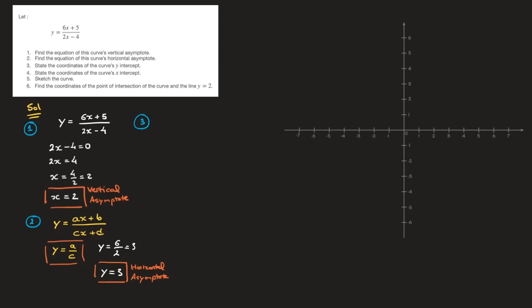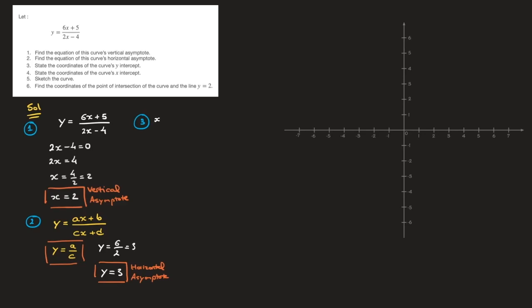That being done, I move on to question 3. And in this question, we need to state the coordinates of the curve's y-intercept. Remember, the y-intercept is the point at which the curve crosses the y-axis. And the trick for finding it is to remember that any point on the y-axis has an x-coordinate of 0. So to find the y-intercept, all we have to do is copy the function's equation and replace every single x we see by 0.